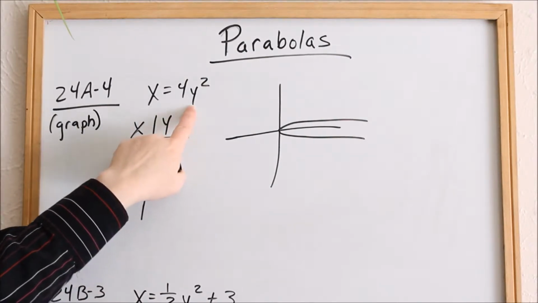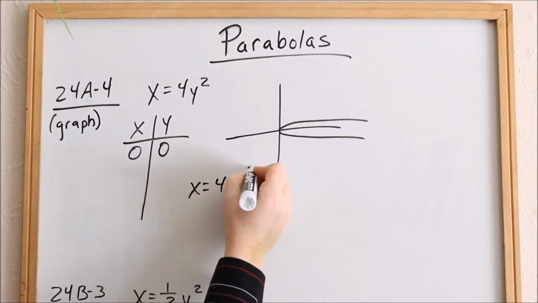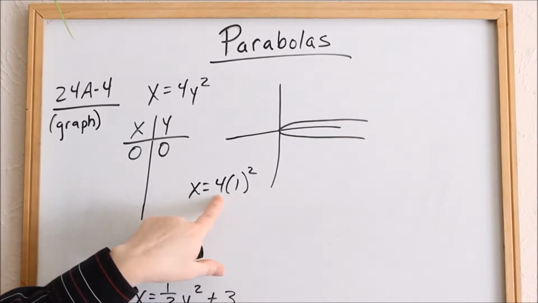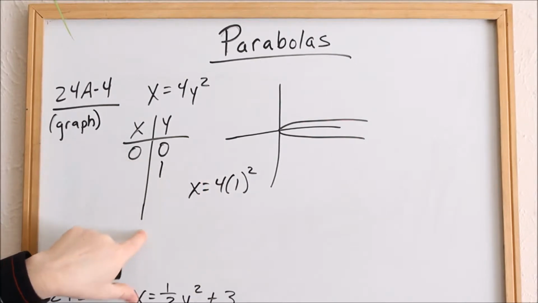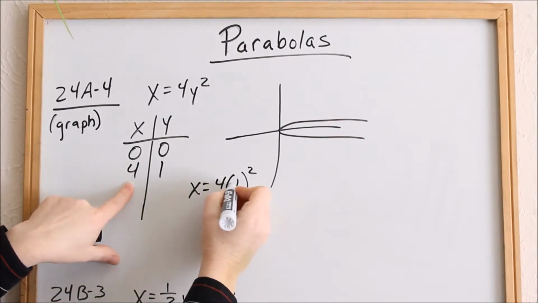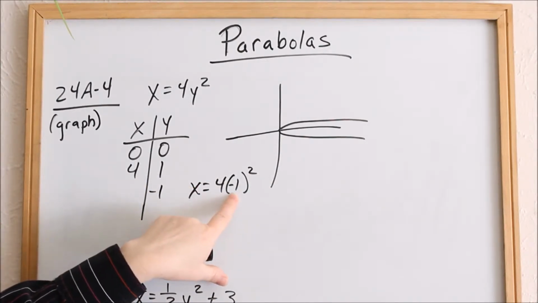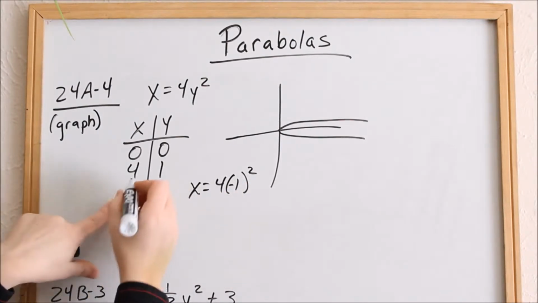Now if I put in 1, so x equals 4 times 1 squared. 1 squared is 1, 1 times 4 is 4. So if I put in 1 for y, put that in the right place, my x value was 4. What if I put in negative 1 for y? Negative 1 squared is a positive 1, times 4 is still 4.